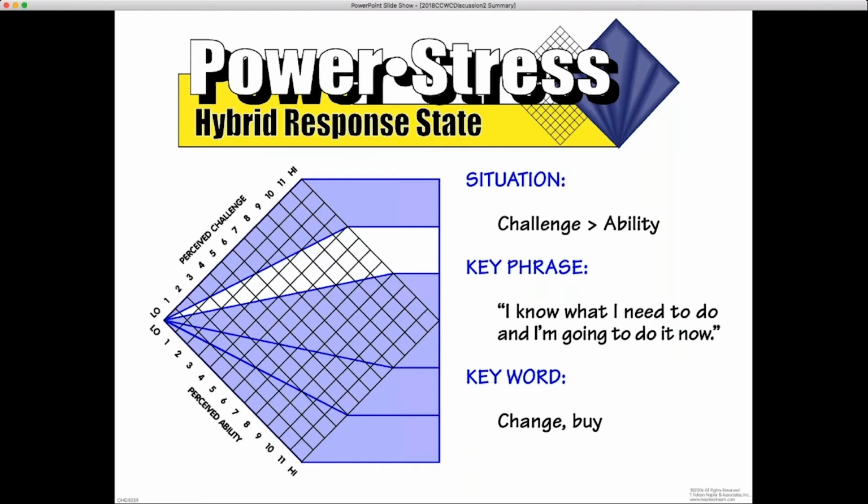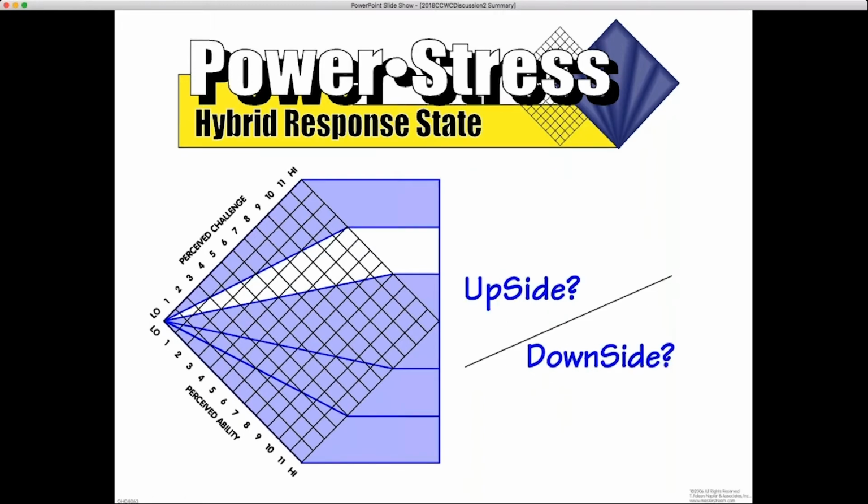And it really required resilience in all of the response states. So power stress, to keep it really simple, has a positive of enthusiasm, eagerness, willingness to take action, knowing that resolve, and that's why I did the play on New Year's resolutions.